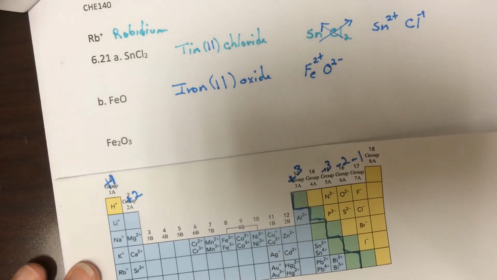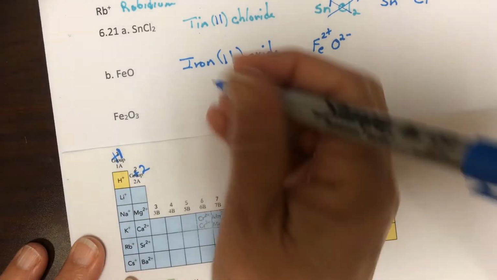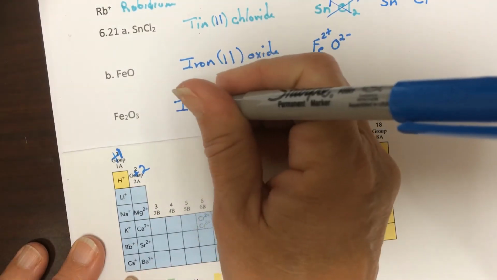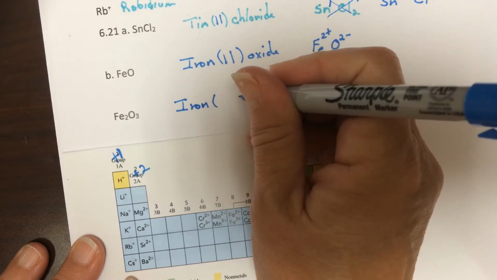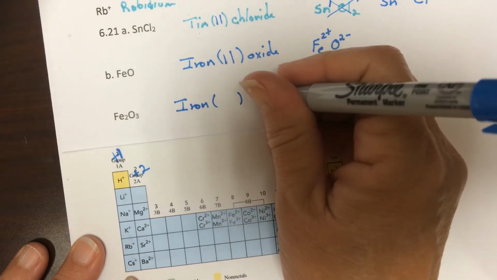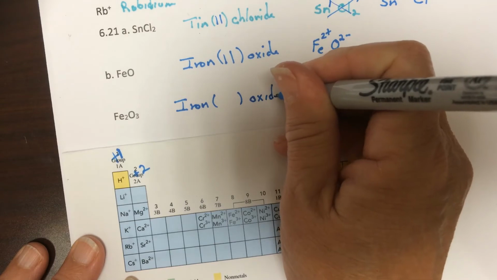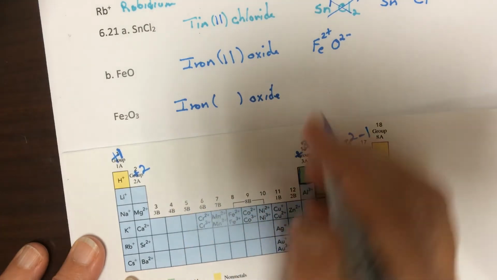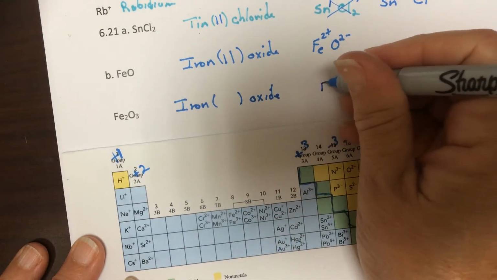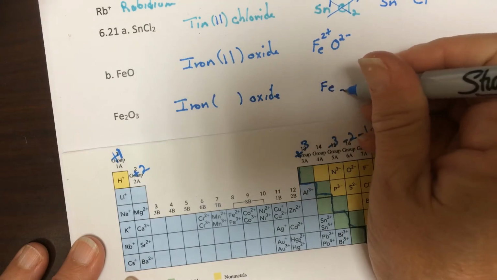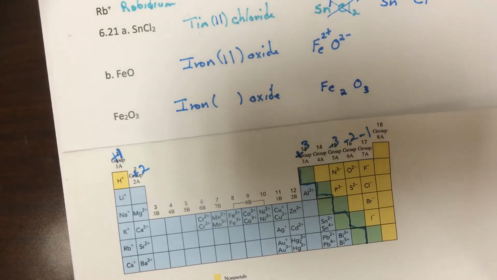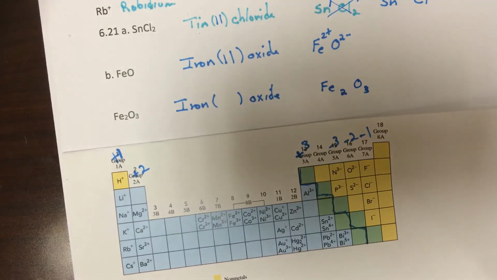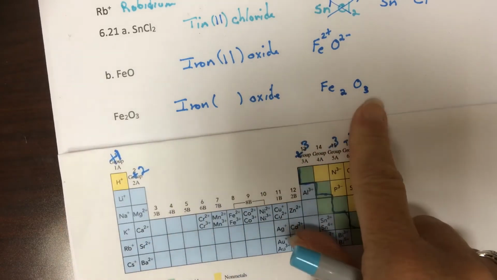So here we have another iron compound. Iron is a transition metal, so we're going to have to put the Roman numeral on it. It's an iron oxide. We've got Fe2O3. Well, we can do our crisscross on this compound. All I've done is rewrite it so that it's a little bigger.